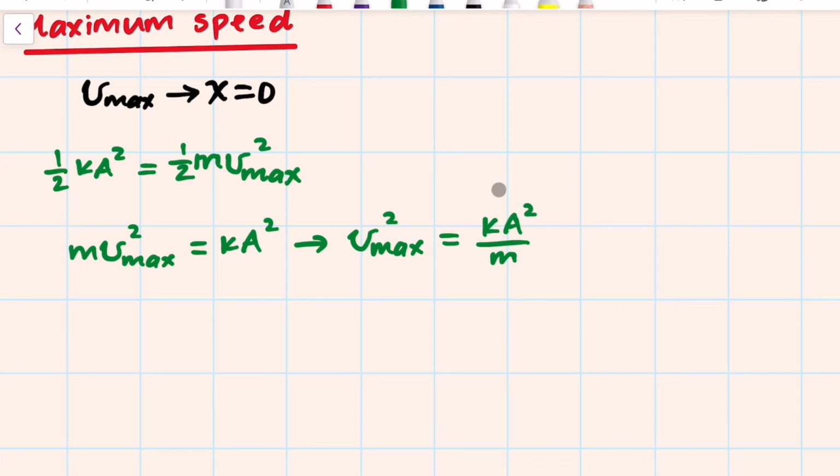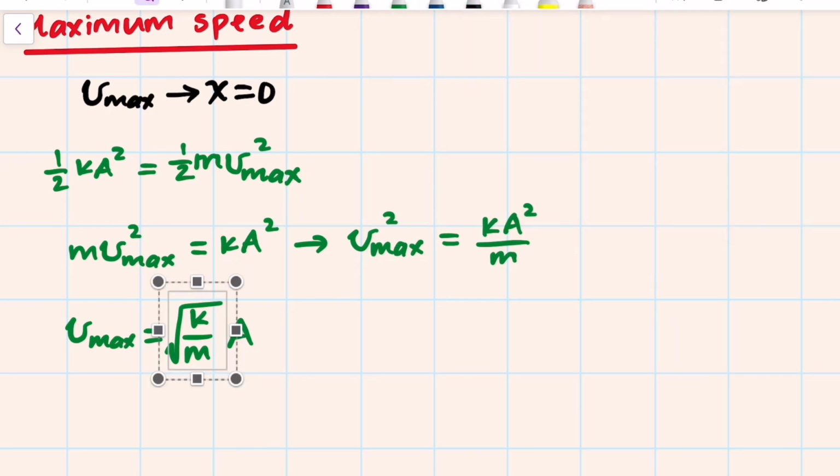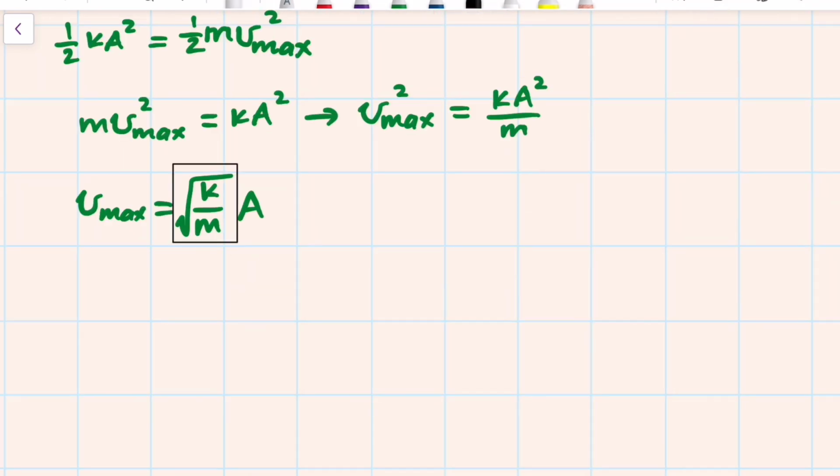Therefore, I'm going to write the right side splitting k over m and A squared. So the maximum speed is the square root of k over m times the amplitude. This term over here is very important, and it has its own name.